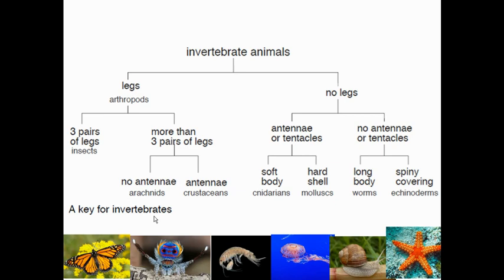Lots of people call spiders insects, but spiders have more than 3 pairs of legs, so they actually fall into the group arachnids. Arachnids are different from insects because insects have 3 pairs of legs, and arachnids have 4 pairs normally, and they don't have any antennae. Think of a snail, antennae are what comes out of the snail's head. Spiders don't have those.